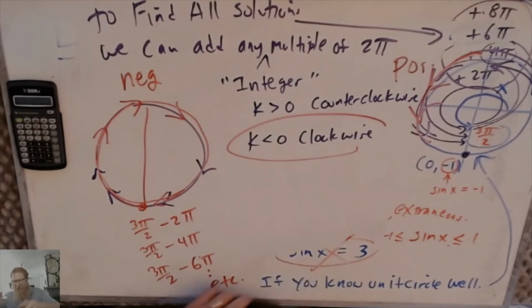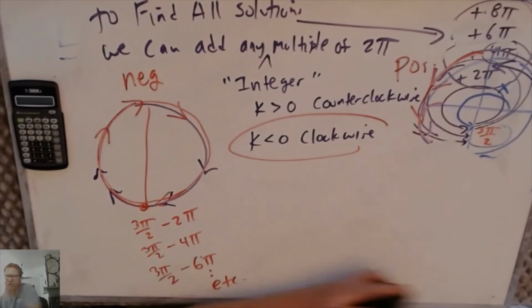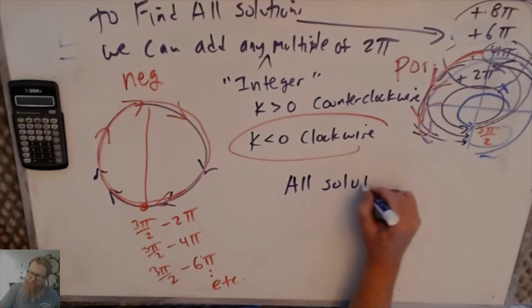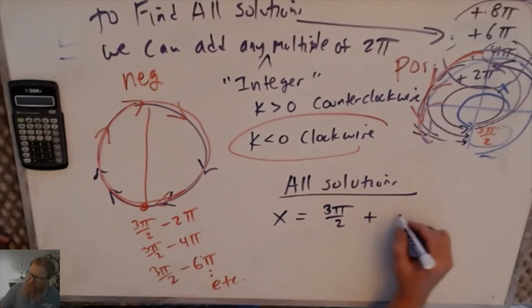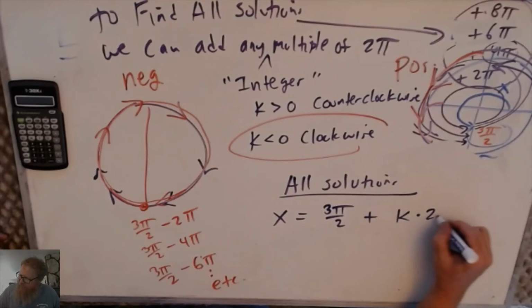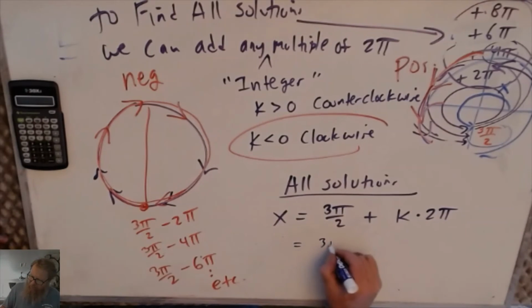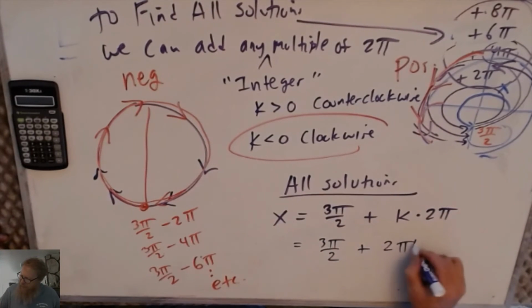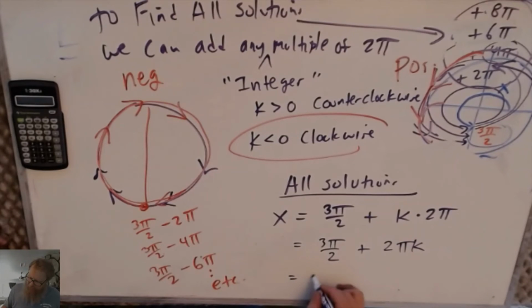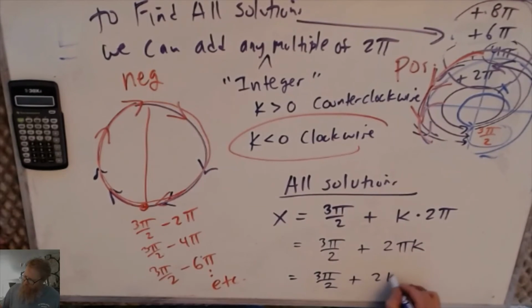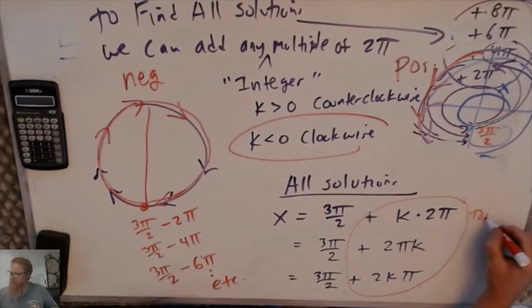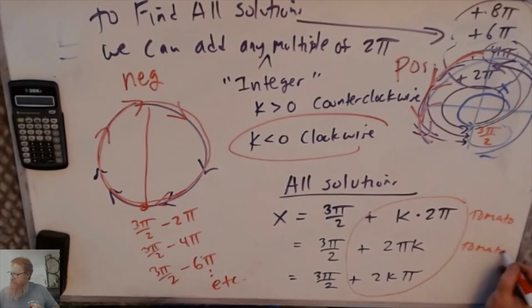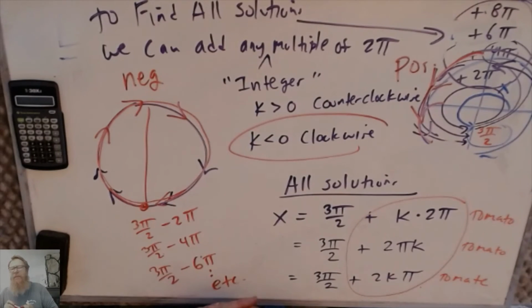So we can take this solution and write all solutions. X is equal to 3 pi over 2 plus k times 2 pi, or we often write 2 pi k, or some people write 2k pi. These are all the same thing. Tomato, tomahto. It doesn't really matter how you say it.